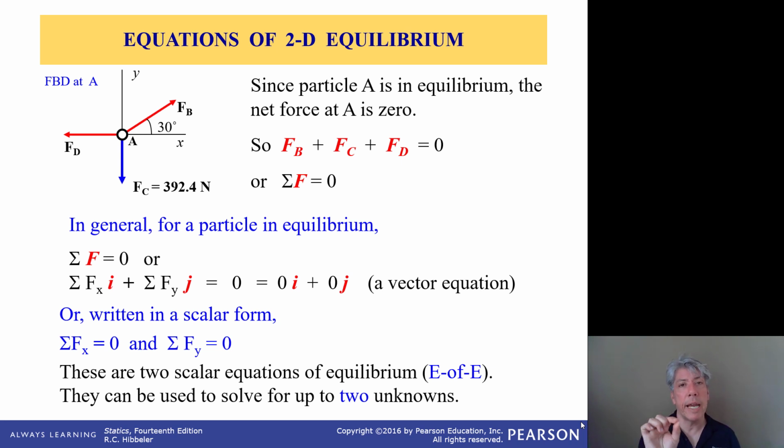FB certainly has a horizontal component, which would belong in the sum of forces in the x direction equation, and the vertical component of FB, the y component, would belong in the sum of forces in the y direction. So then we have two equations, and we have enough to solve for two unknowns. The two unknowns, namely, are the force FB and force FD.